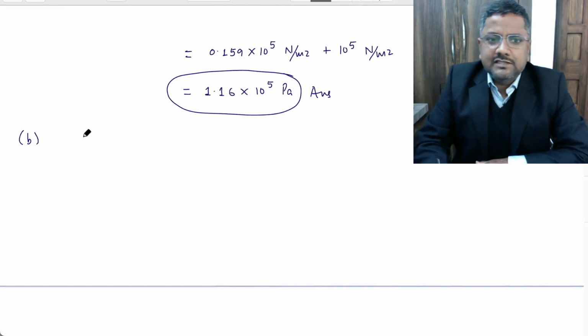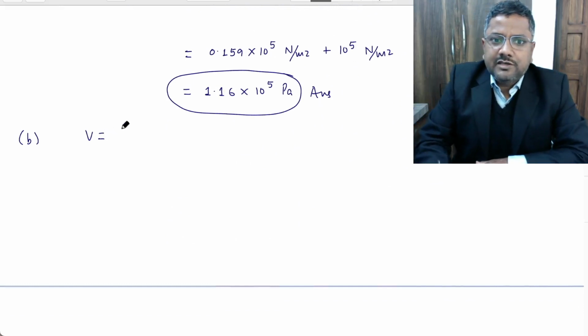So behavior is ideal, so you can use V is equal to nRT by P. N is given, 2 moles. R you can take 8.314 joules per mole per degree Kelvin.